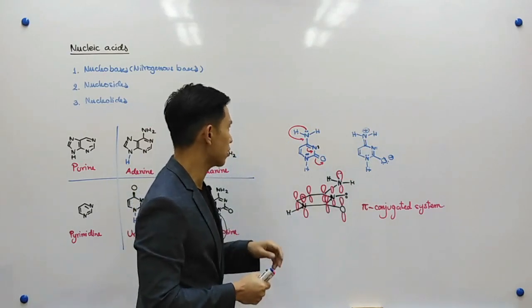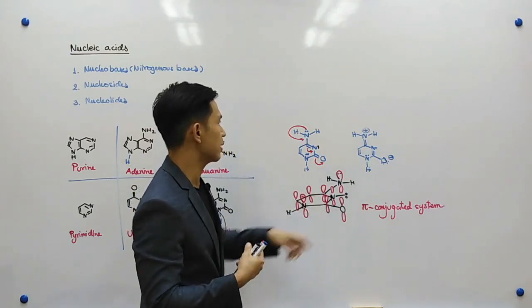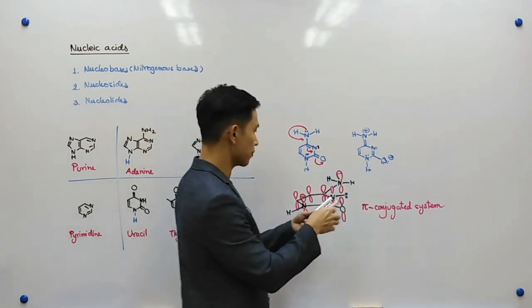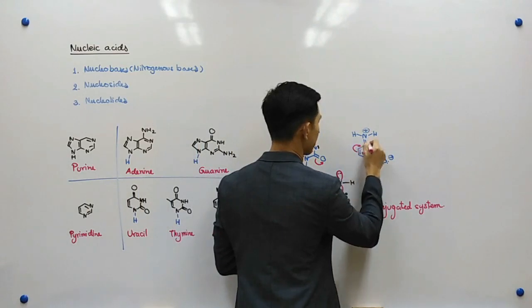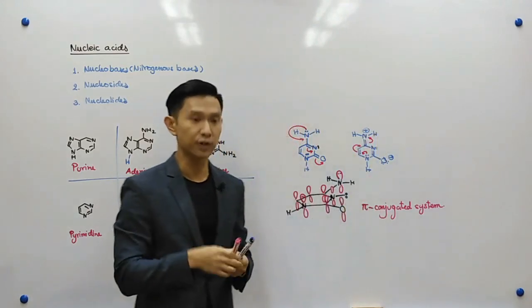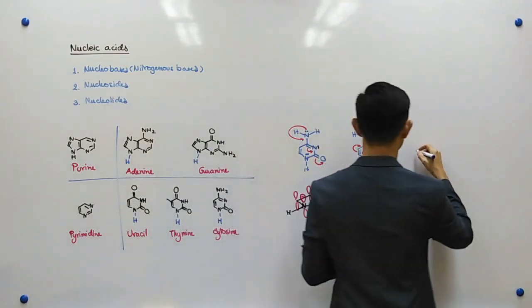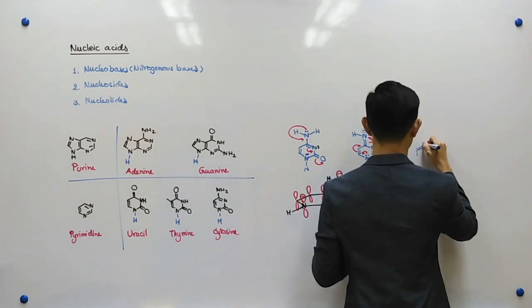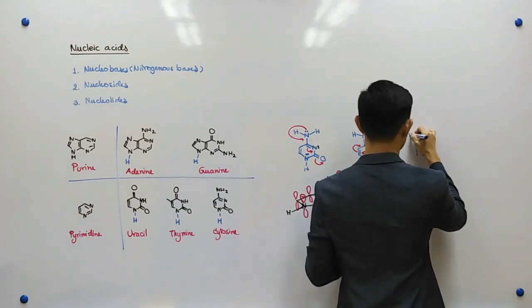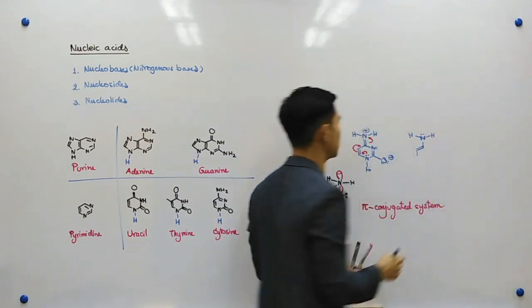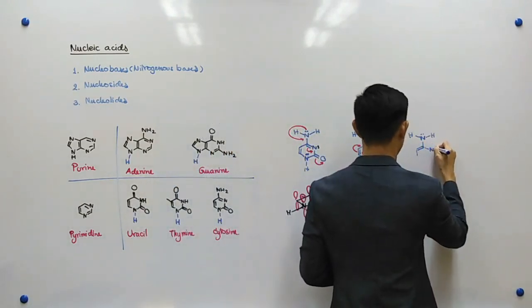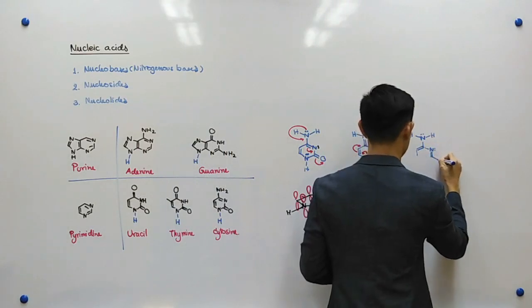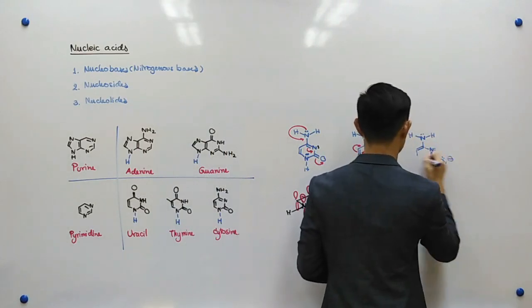Or you can also draw the structure from the resonance stabilization of this nitrogen atom as well, like this. You move the electron pair down here, this up and this up. So another possible resonance structure is like this. You return the electron pair back to the upper amino group, and the oxygen atom still contains a negative charge.